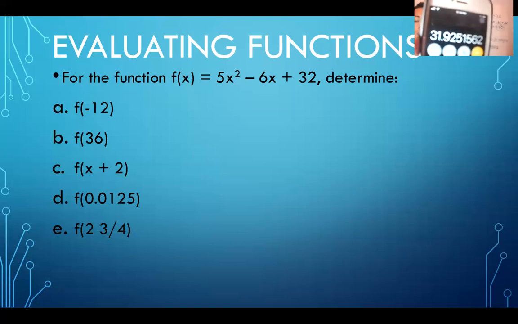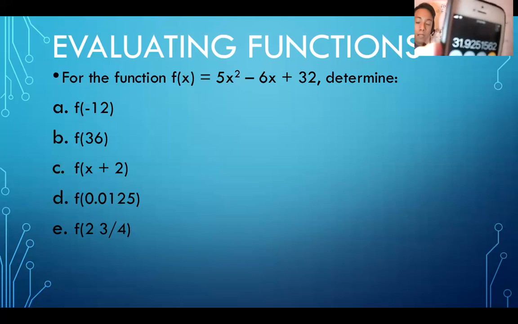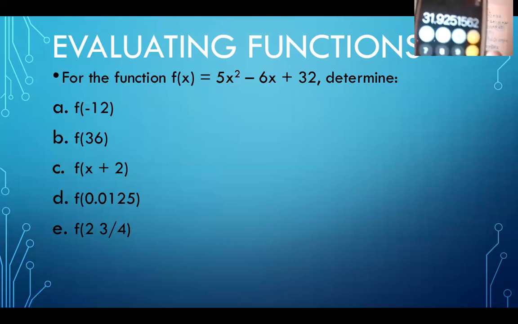Okay? So we need to round it off on the 100th place. 100th place, not hundreds, ha? 100th. So 31.93. That is the answer for letter D.